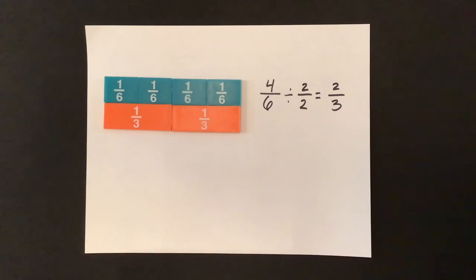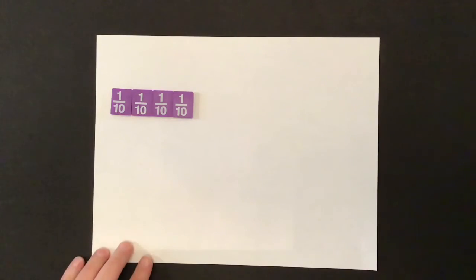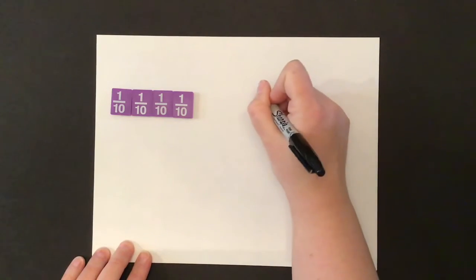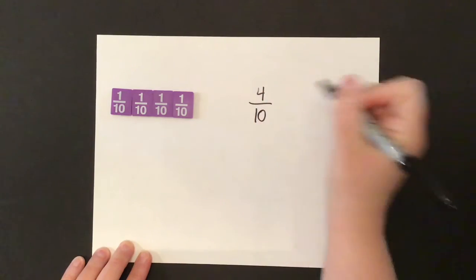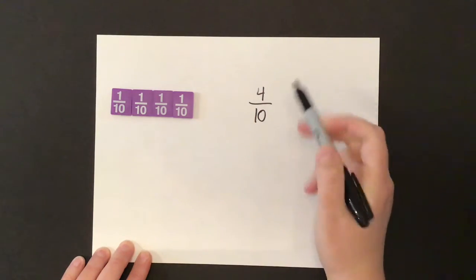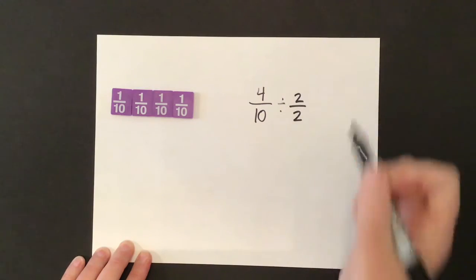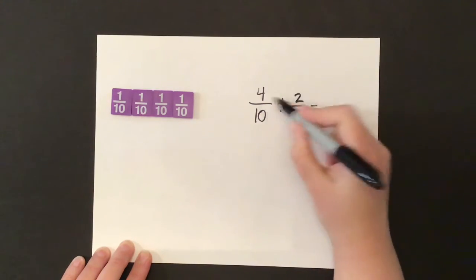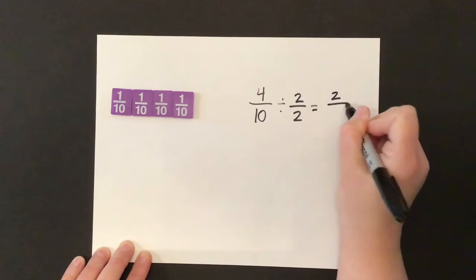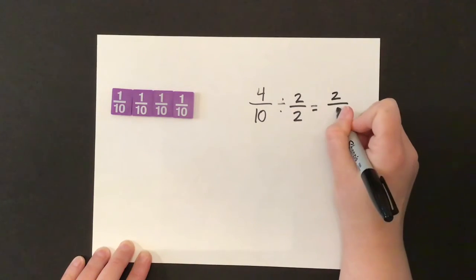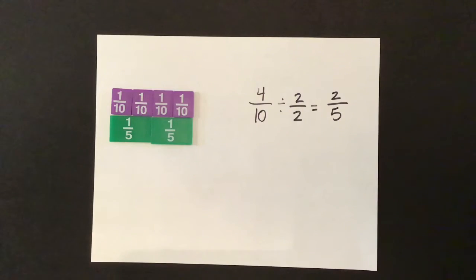I can see that 2/3 is equivalent to 4/6. Let's take a look at 4/10. Again, I can see these are both even numbers, so I can choose 2/2. 4 divided by 2 equals 2, and 10 divided by 2 equals 5. 2/5 is equivalent to 4/10.